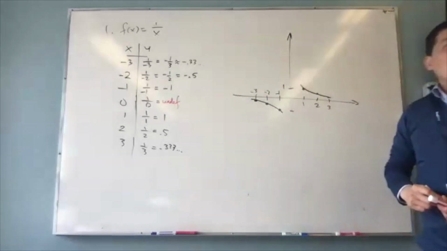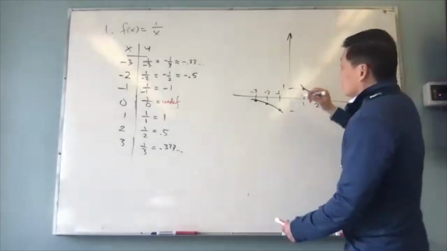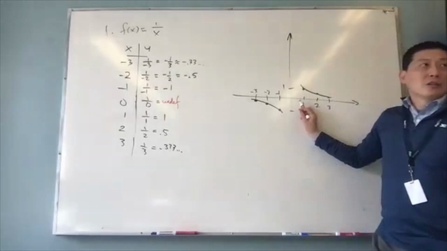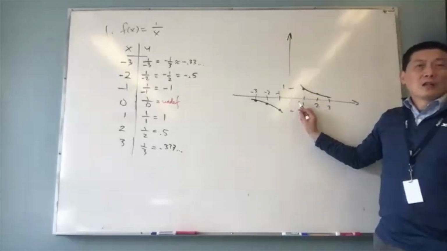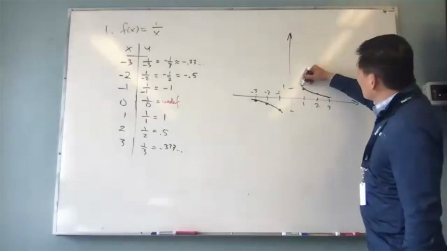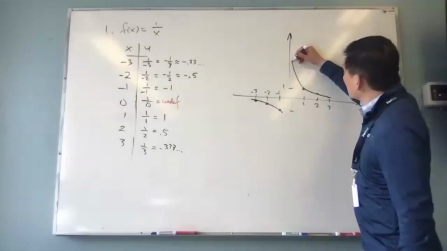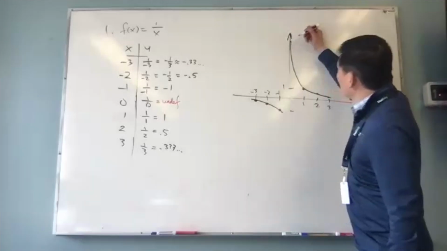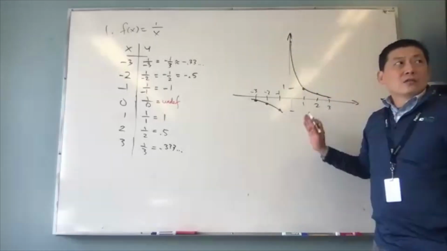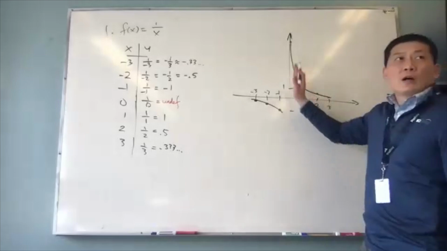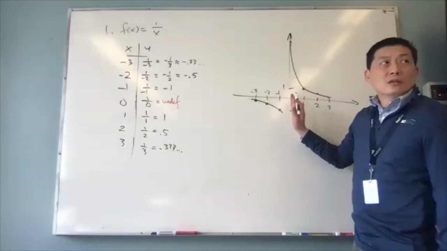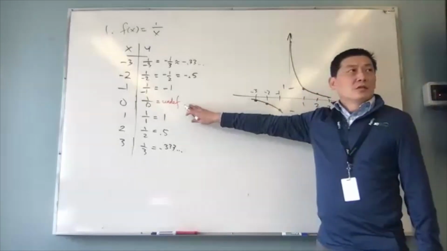Now, if I extrapolate, if I put values that are less than 1, this thing is going to get higher and higher, bigger and bigger. In fact, it's going to get closer and closer to the y-axis, but never touches the y-axis, because if it touches the y-axis, x equals 0, and x equal to 0 is undefined.